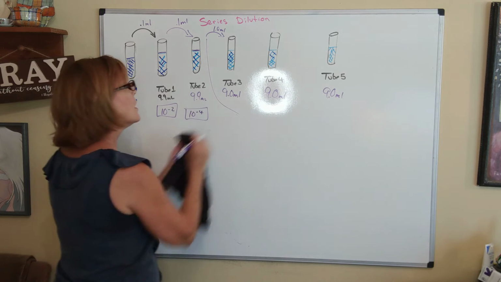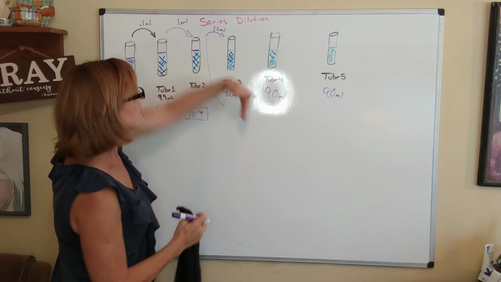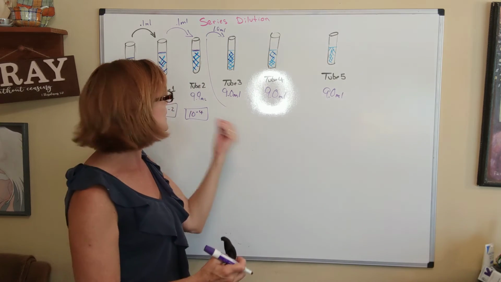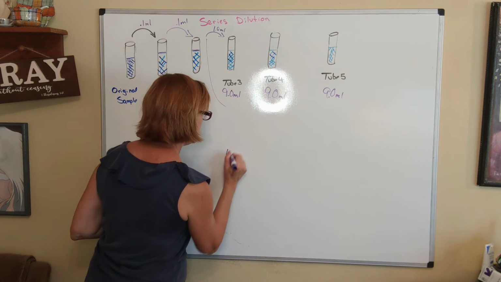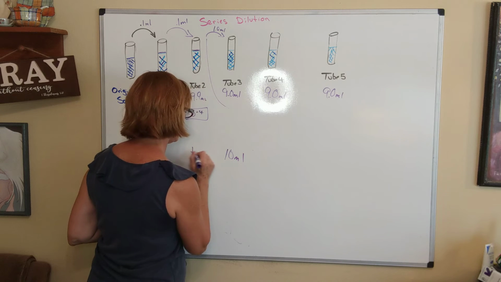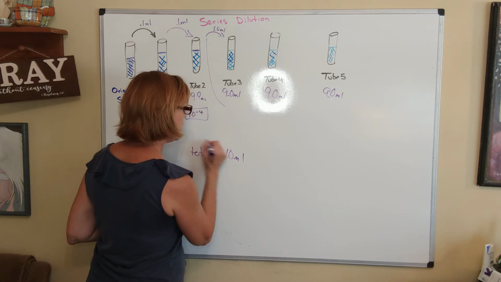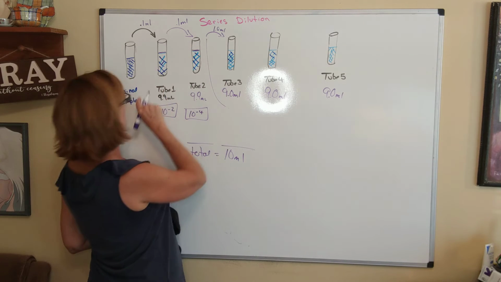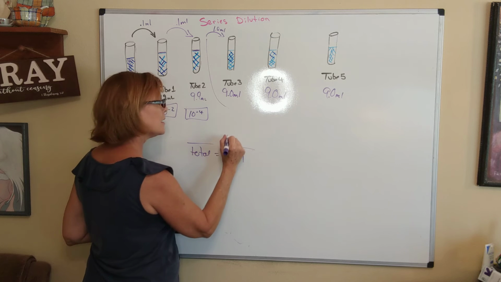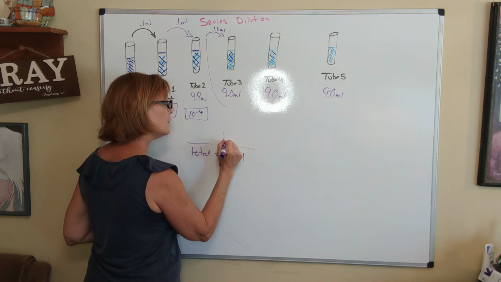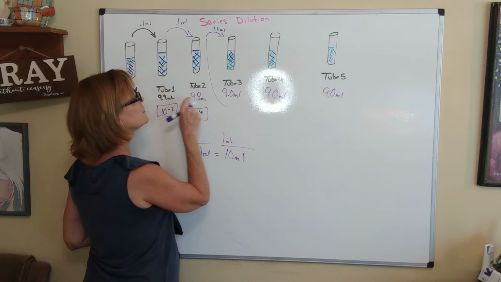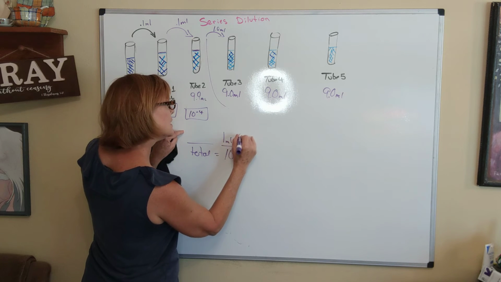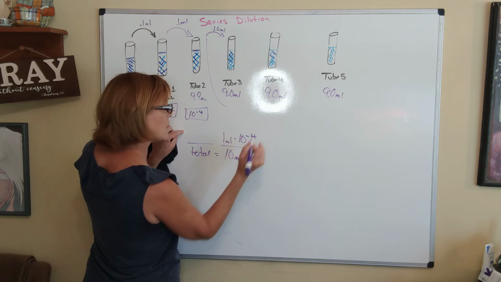Okay, so here we go. We're going to add 1 milliliter of solution to 9 milliliters, so the total is going to be 10 milliliters. All right, but how much did we add? How much did we put in of the sample that's been diluted? We put in 1 milliliter from test tube 2, 1 times 10 to the negative 4.